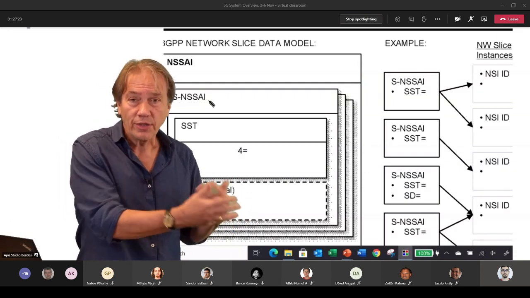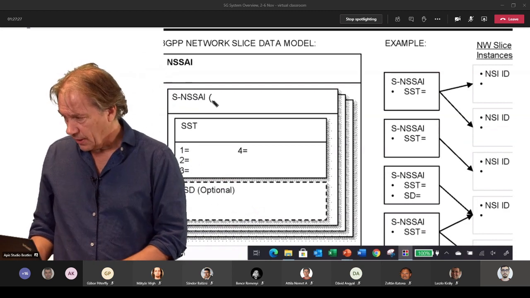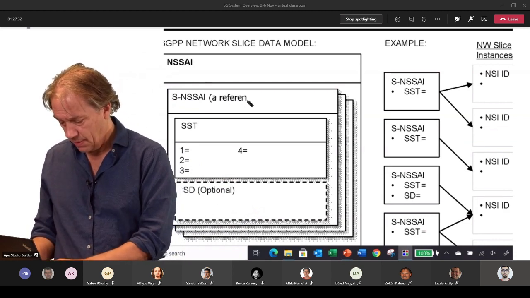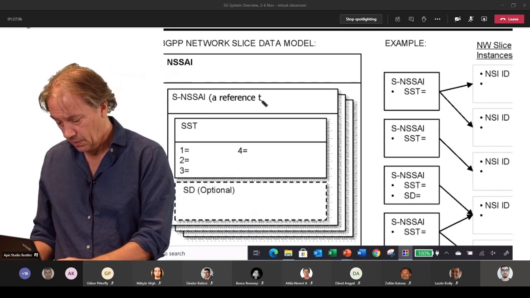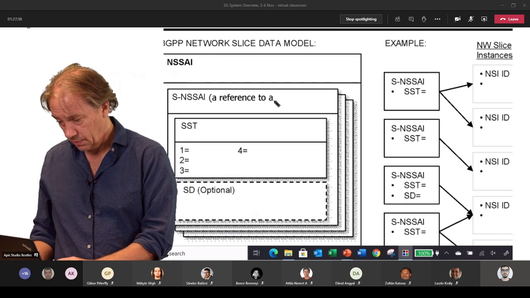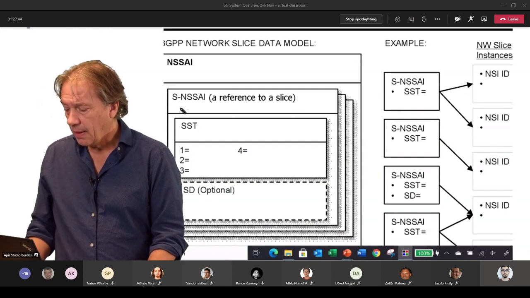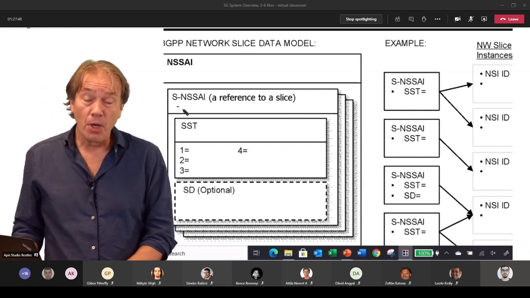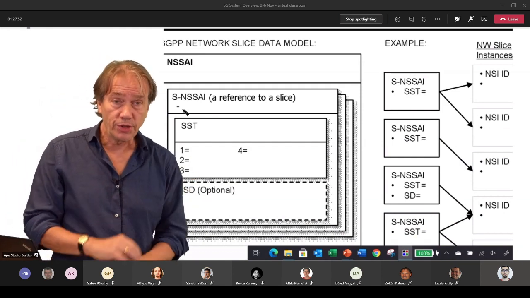It's a reference to a type of slice. And the purpose, once again, is to help the network select a suitable slice for you.